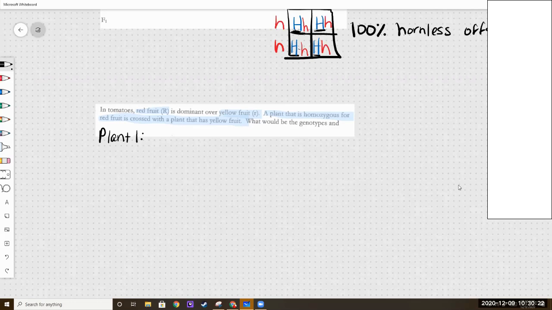Shazid, if it's homozygous for red fruit, what would be the genotype of plant 1? Remember what homozygous means?